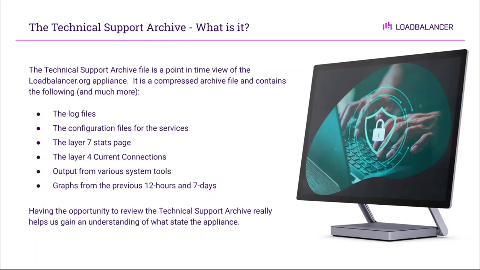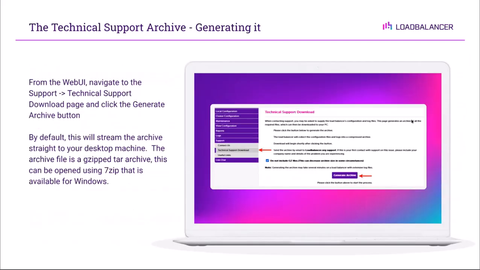We would also see the graphs, which is helpful with performance issues, because we can then see should the system be under stress, perhaps. That will be shown on the graphs.